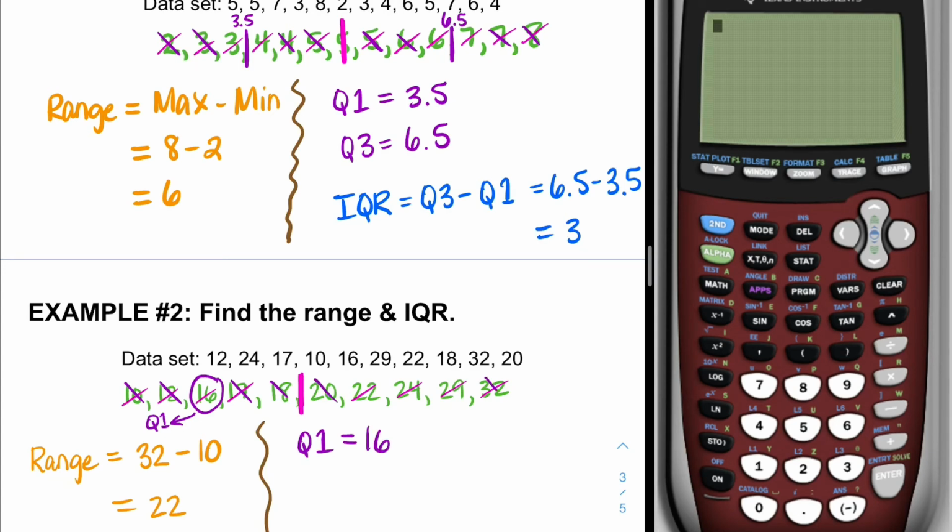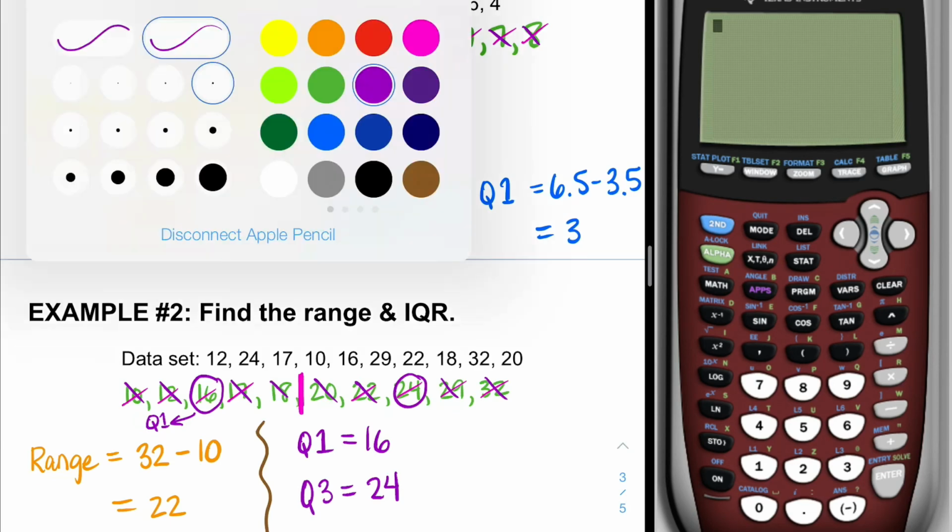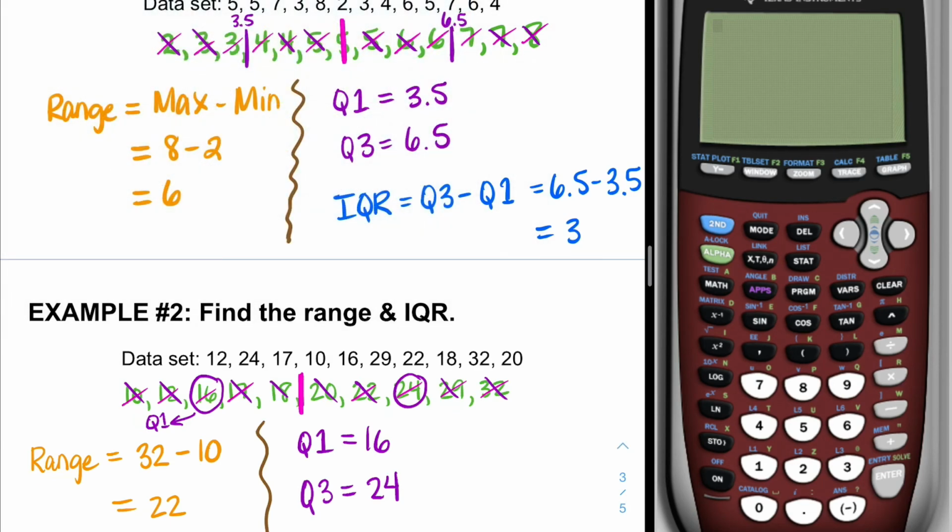And then if I cross out from both ends, I see that my Q3 is equal to 24 here. Okay, so now that I have those, I can find my IQR by subtracting the upper quartile minus the lower quartile. So that's going to be 24 minus 16, which is equal to 8.